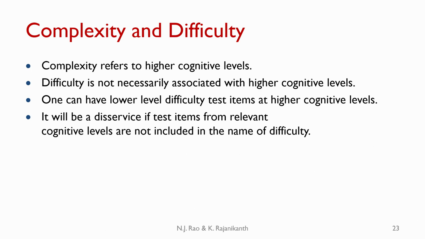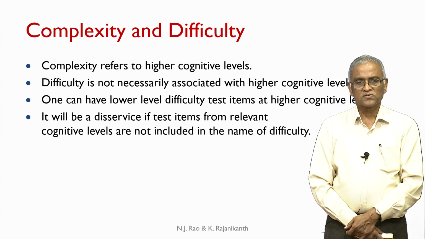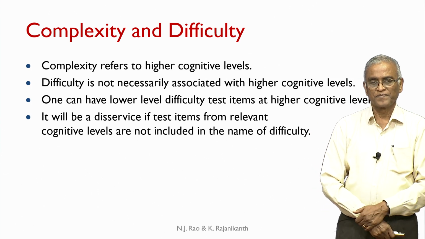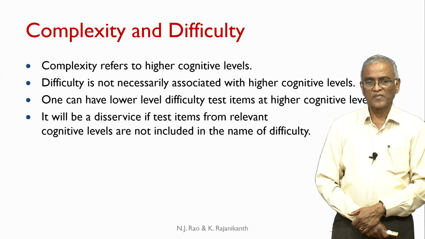Now, why are we particular about this issue? It is often felt by many faculty in many institutions that questions at higher cognitive levels cannot be given to their students because their students are not adequate for it. They do not have the required ability for that.